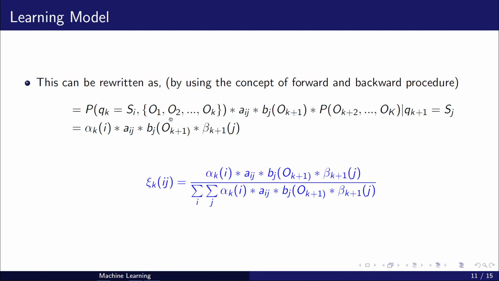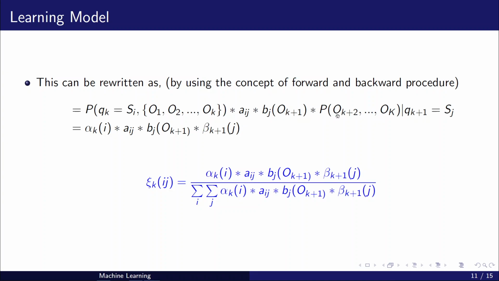So qk equal to Si and this observation sequence, then the I to j transition, that is Aij, into the emission probability. Then at j you have found Ok plus 1.